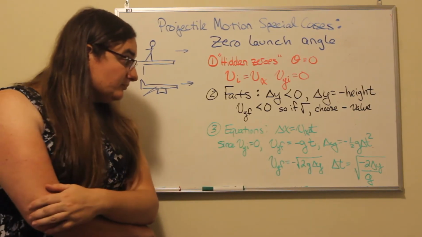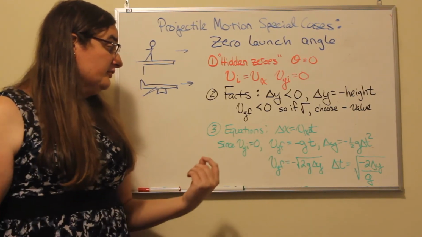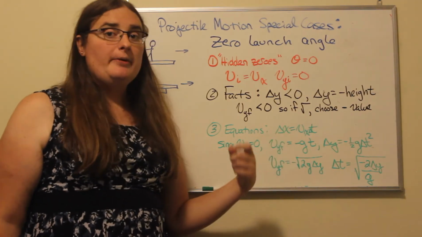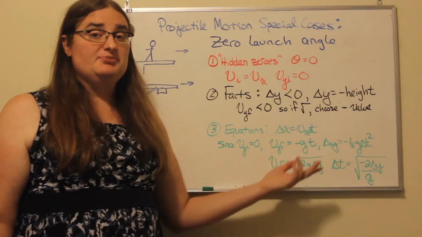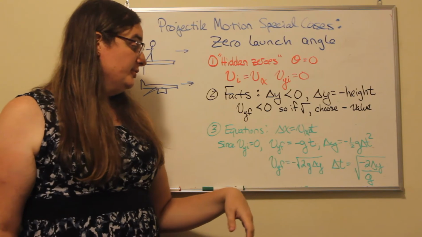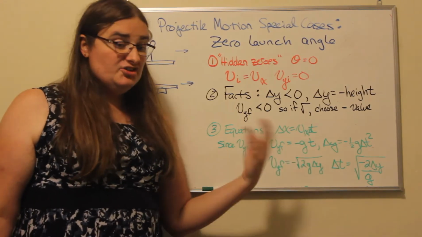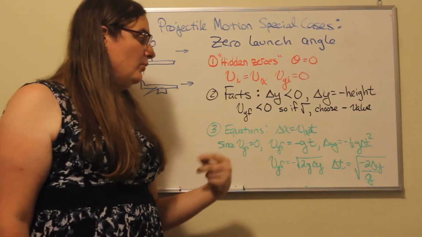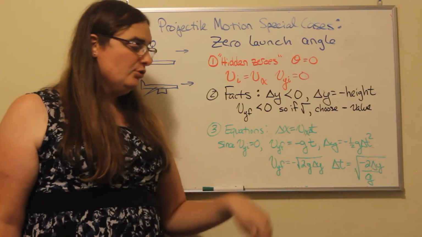So our final velocity would have to be equal to minus the strength of gravity times time, because Vy initial is 0. Our displacement would have to be minus 1/2 times gravity times time squared.